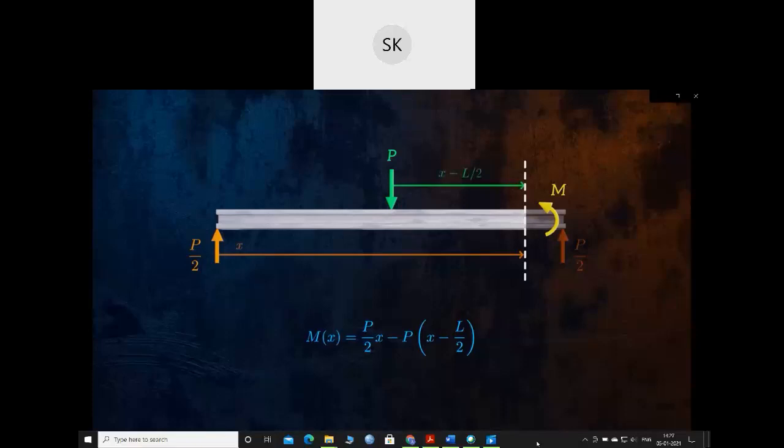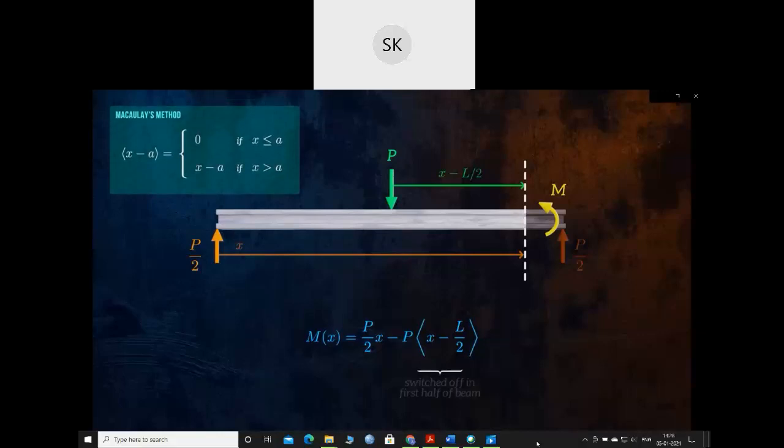The moment arm is equal to x minus half the length of the beam. If we replace the brackets in this expression with Macaulay brackets, the second term in the expression will be switched off in the first half of the beam, since x minus L over 2 will give a negative number. And so this expression using Macaulay brackets defines the bending moment along the entire length of the beam.